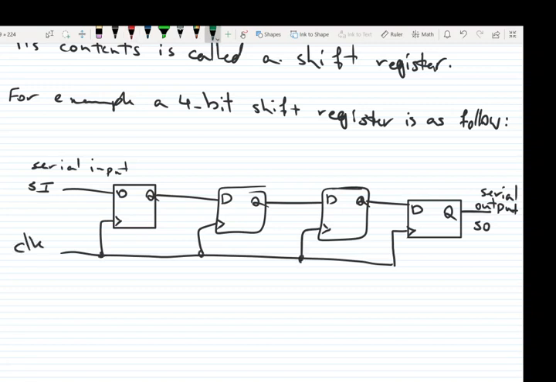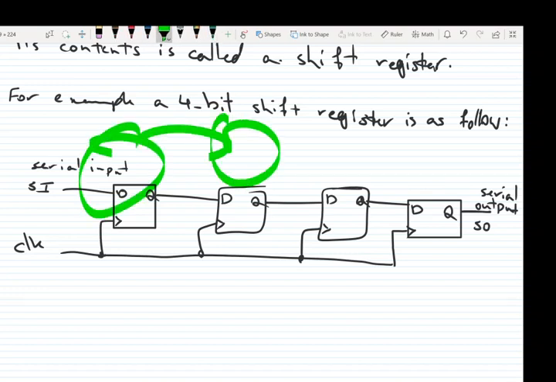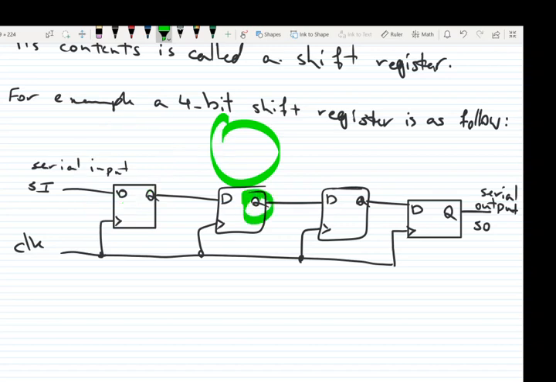So in which direction can this register shift the data? Of course, it's able to shift the data from left to right, because the output of each flip-flop is connected to the input of the flip-flop at its right side.